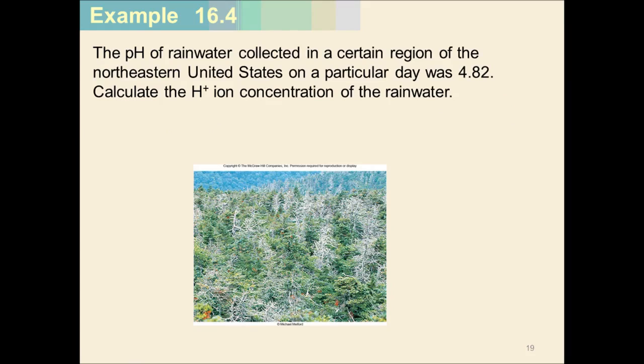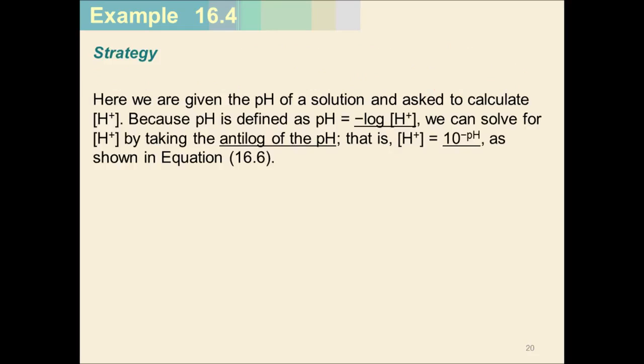On slide 19, example 16.4: the pH of rainwater collected at a certain region of the northeastern United States on a particular day was 4.82. Calculate the hydrogen ion concentration of the rainwater. So this goes back to our opening slide. This is the effect on our trees when you have this acidic rainwater. It's called acid rain. On slide 20, the strategy.